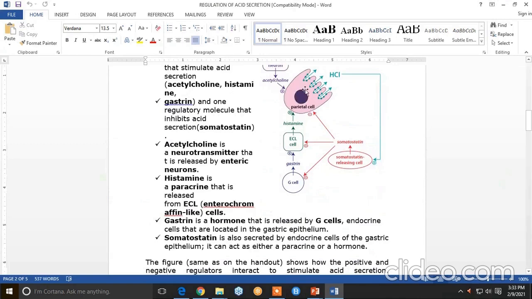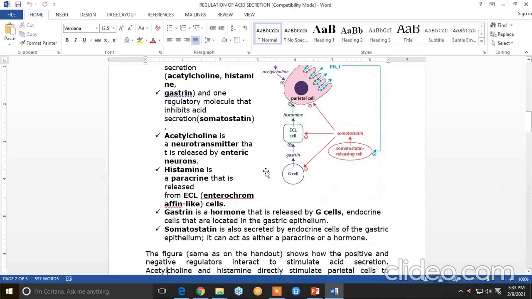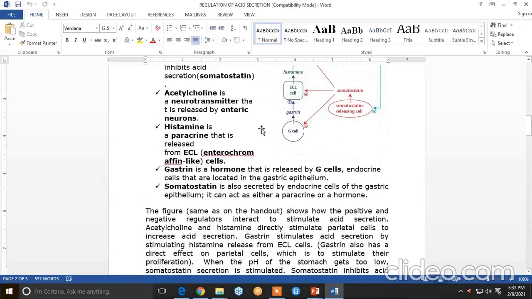Now see in the diagram, these are the parietal cells which secrete HCl, and these somatostatin releasing cells secrete somatostatin. Again, somatostatin acts on the enterochromaffin cells, on the G cells that release gastrin, on the enterochromaffin cells that release histamine, and on the parietal cells. This figure shows that the positive and negative regulators interact to stimulate acid secretion.